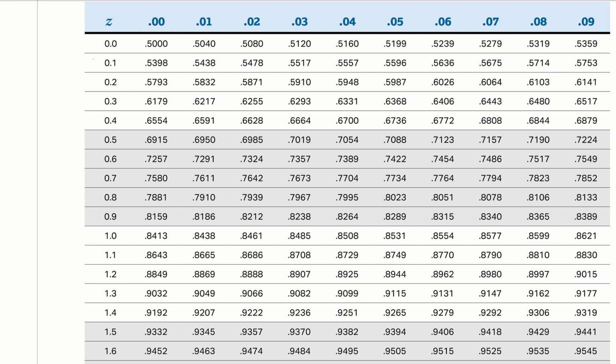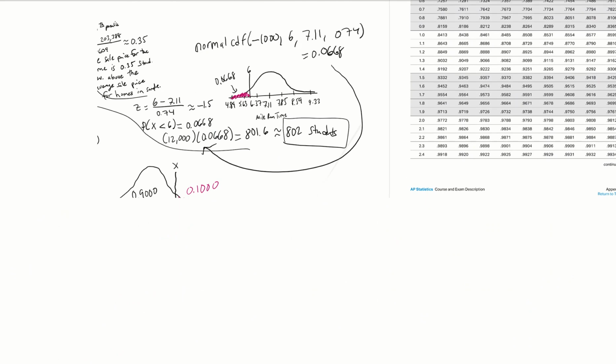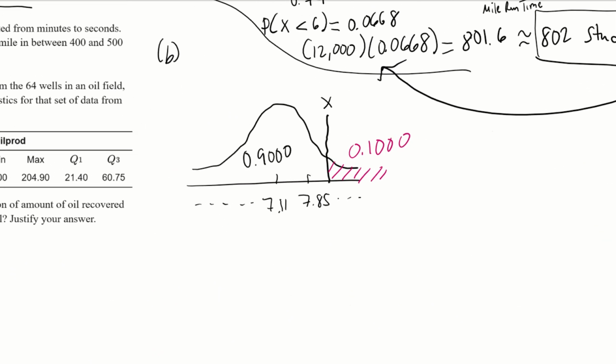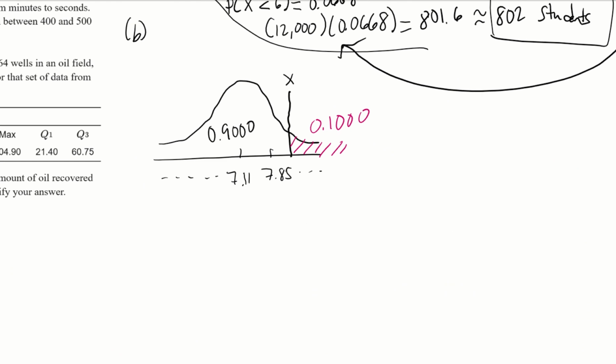All right, so we got 1.28 for our z-score. Okay, so that means that the z-score formula is x minus mu divided by sigma, right? So we got z is 1.28.